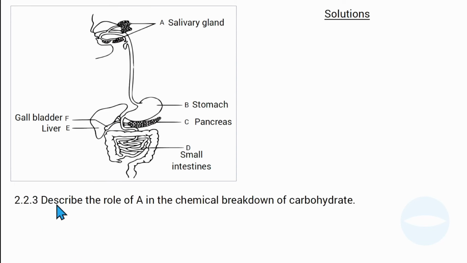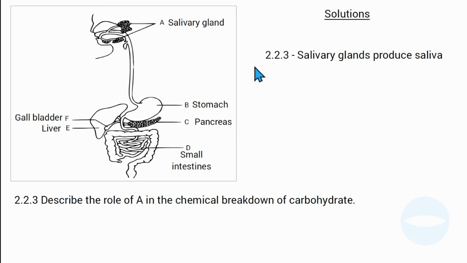The next question says, describe the role of A in the chemical breakdown of carbohydrates. A is the salivary gland. You know that the salivary gland secretes an enzyme that breaks down the carbohydrates or the starch.